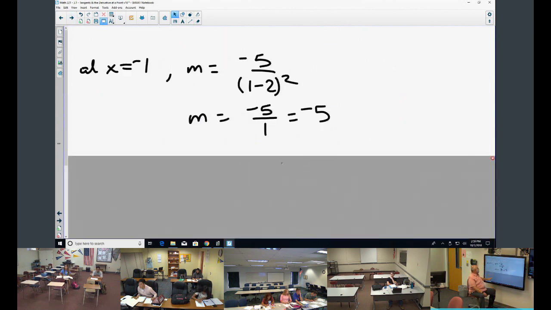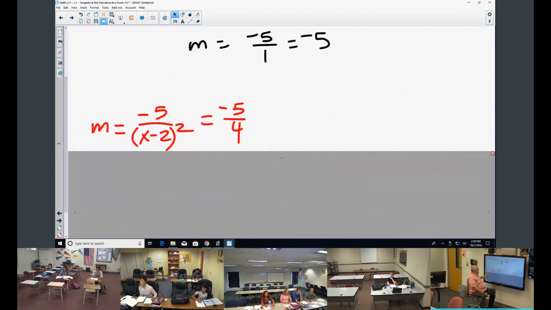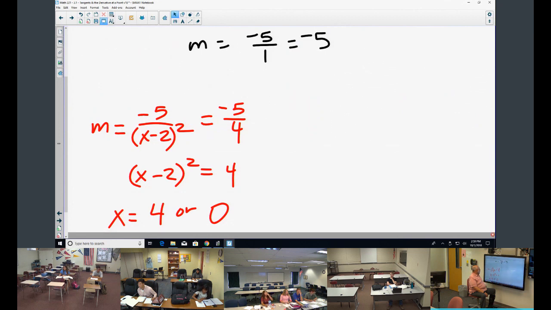At 4, negative 2. Yep. Well, oh wait, no, at 4 or 0. When you plug in 0, you'll get negative 2 squared, which is 4 in the denominator. They have the same numerator. So when you set the slope equal to negative 5/4, you just have to make the denominator equal to 4. So when x is 0 or 4, when you square it, you get 4. Does that make sense? Yes. Okay, very good. Any questions on any part of that? Anybody need me to go through any of it again?